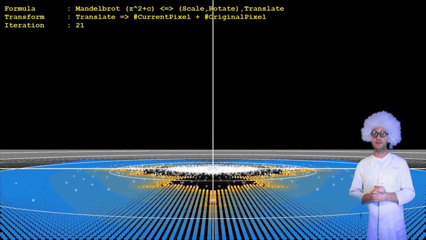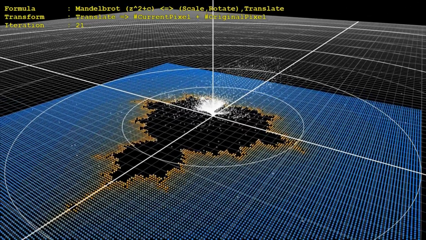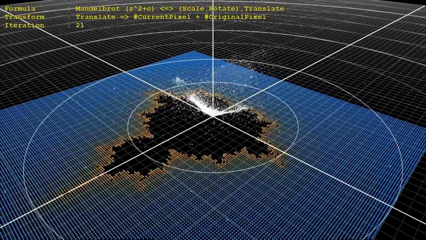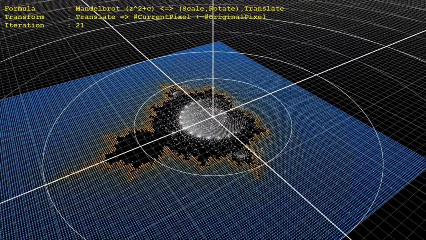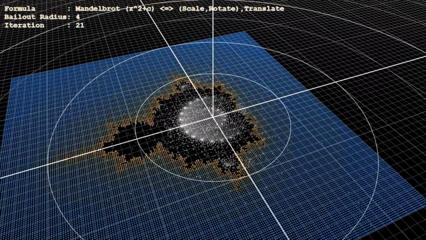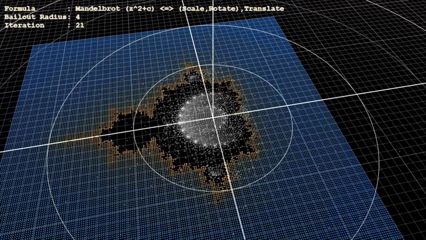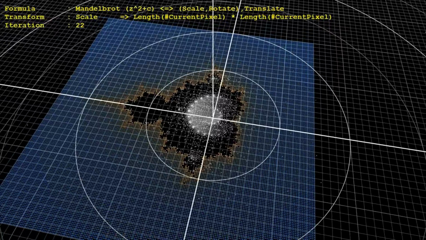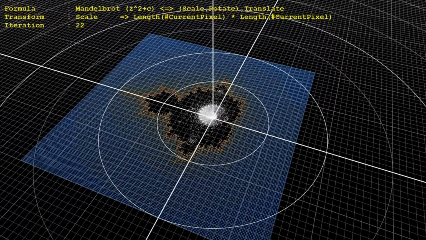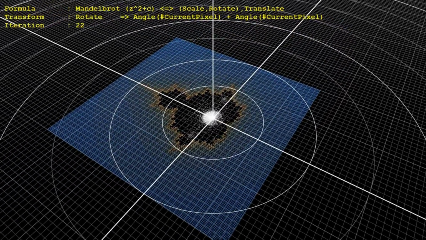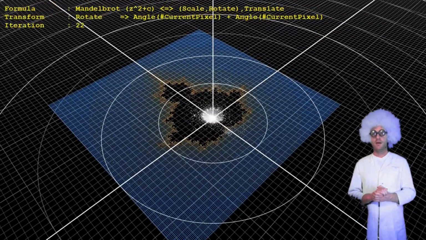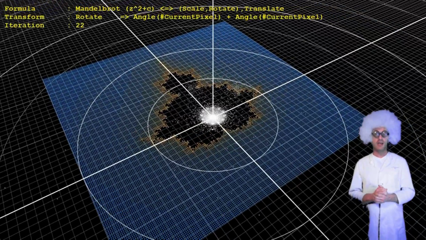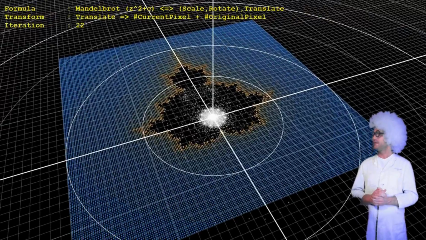It is fascinating. Isn't the translation producing beautiful patterns?